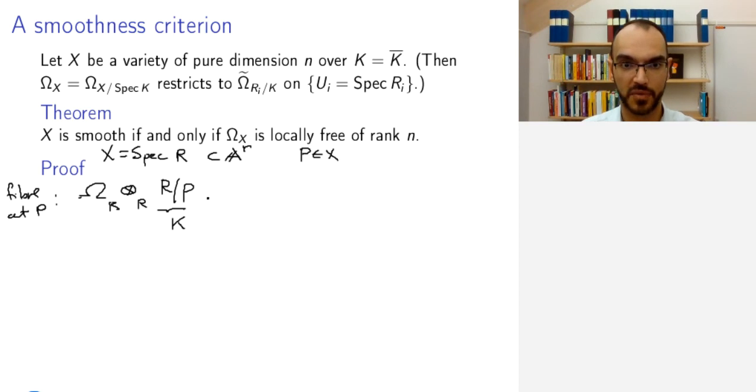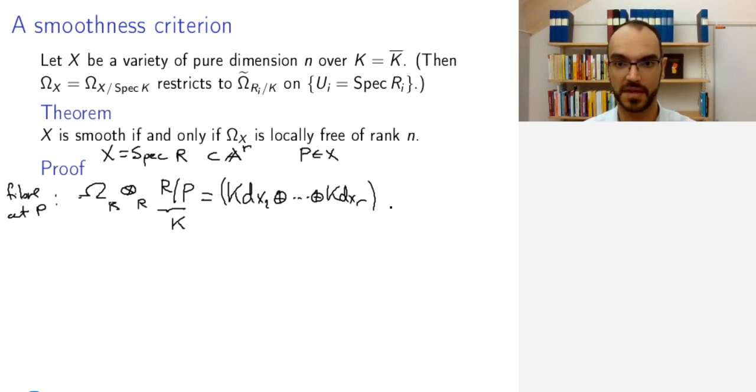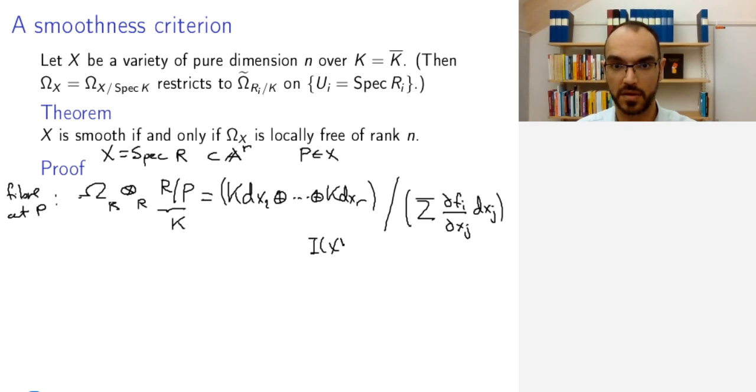Well, from our study of Kähler modules, we saw that this is K dx1 plus ... plus K dxr, the vector space generated by dx1 to dxr, modulo the space generated by the rows ∂fi/∂xj dxj, where the ideal of X is given by these functions.